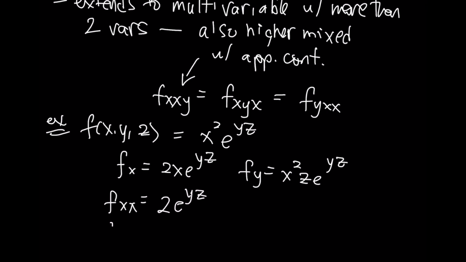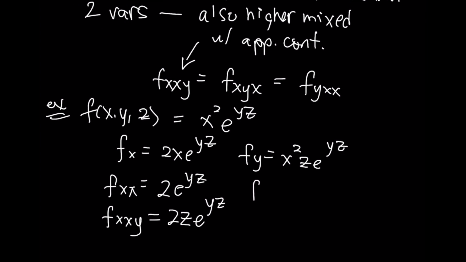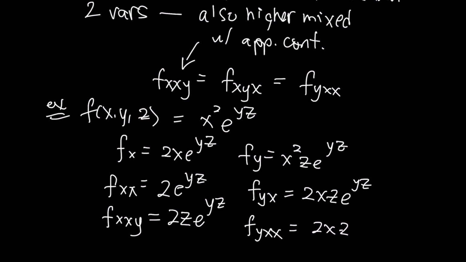So if I wanted fxxy, this would give me another 2z e to the yz. I would just use the chain rule like before. If I wanted fyx, I would get a 2xz e to the yz. And if I wanted fyxx, I'm just taking an x partial derivative of the above, which means these two things are the same as expected.